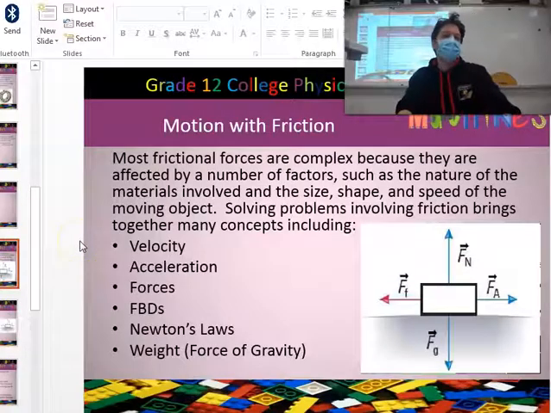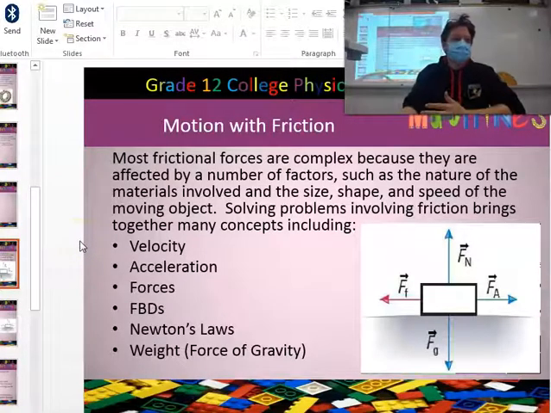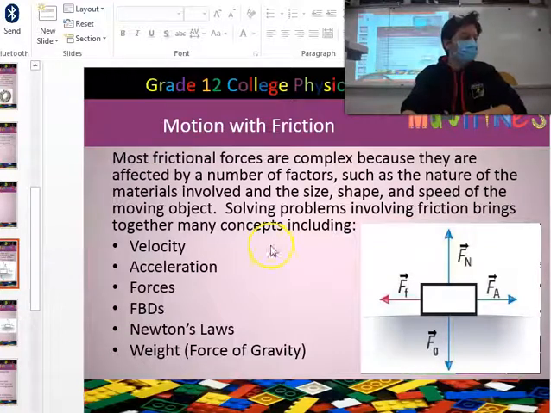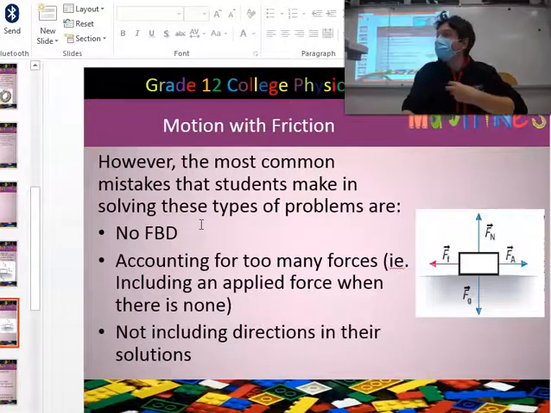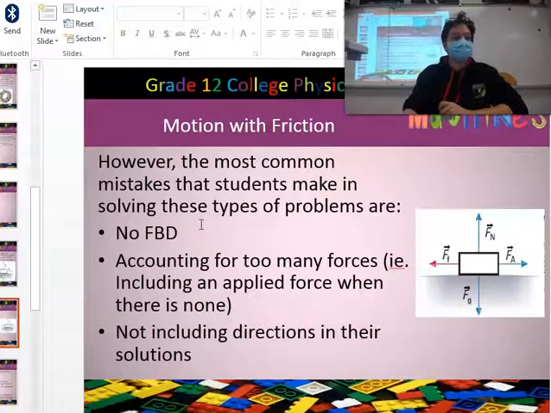All right, so we're going to analyze some problems, like motion problems, like we did before. And like we did before, we're going to draw free body diagrams. Now we're going to start looking at situations that have frictional forces. Some of the biggest problems that I see on tests when students analyze these problems is, one, they don't draw a free body diagram, which you need one.